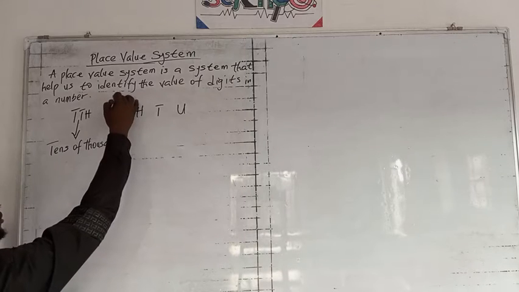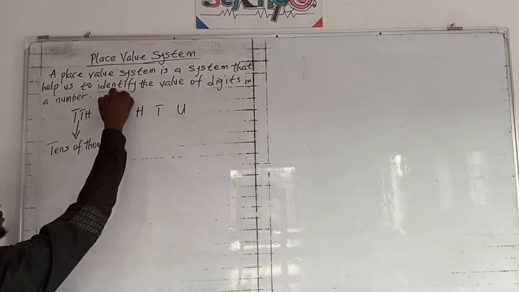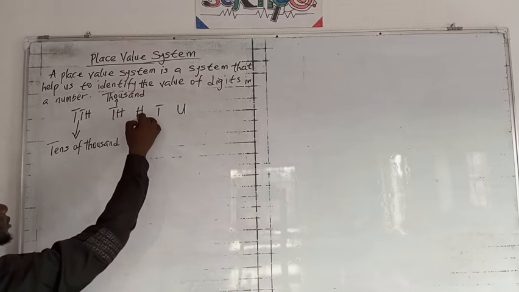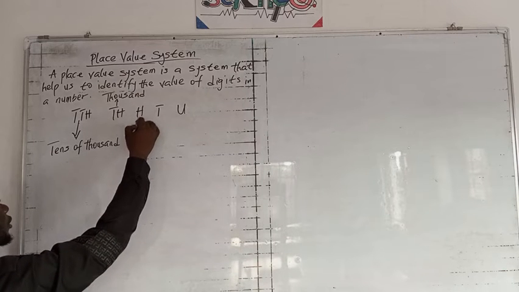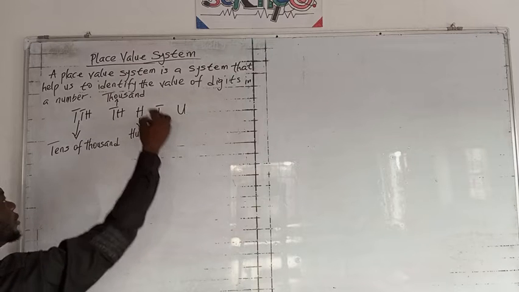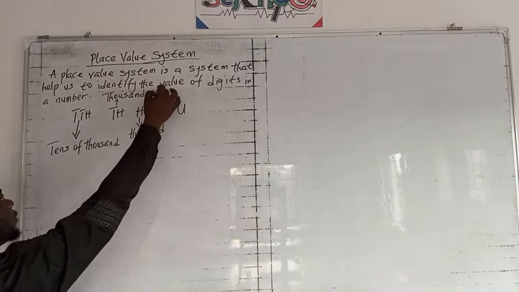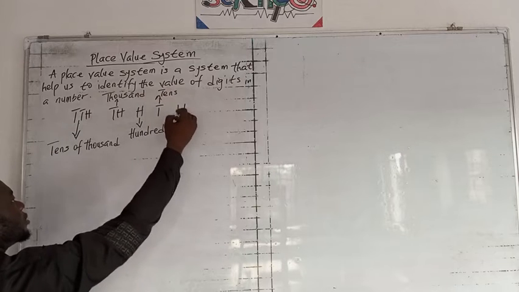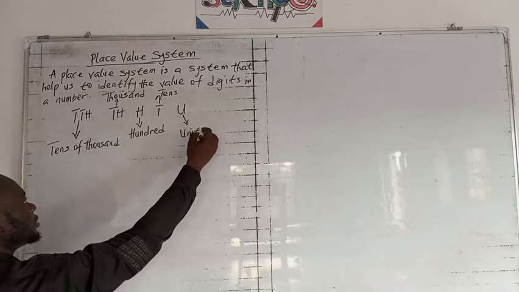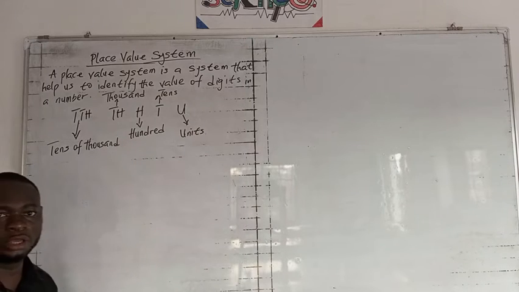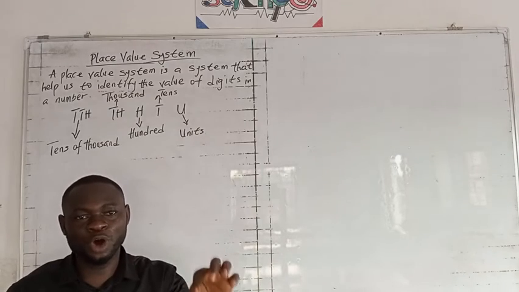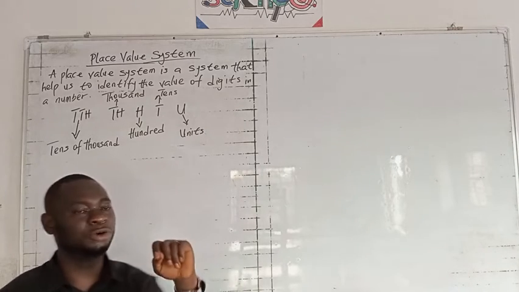The TH is pronounced thousand. The H is pronounced hundred. The T stands for tens, while the U stands for units. Remember, the unit numbers we talked about are 1 to 9 because they stand on their own.